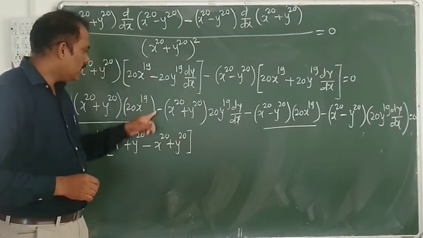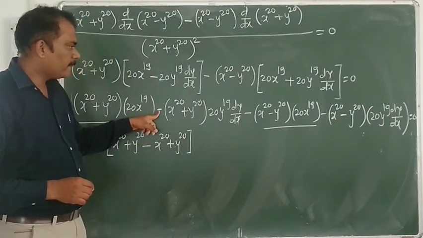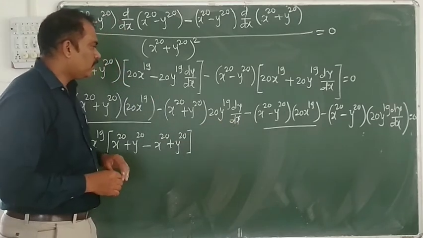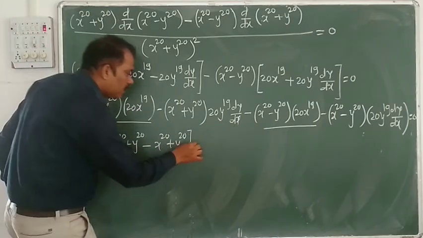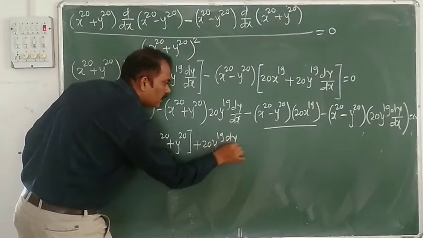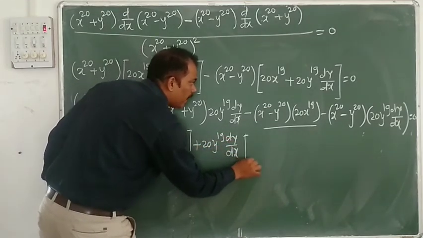Here the minus sign is there, so we only take the positive term common, so that what we get here is plus 20 into y raised to 19 dy by dx into bracket.